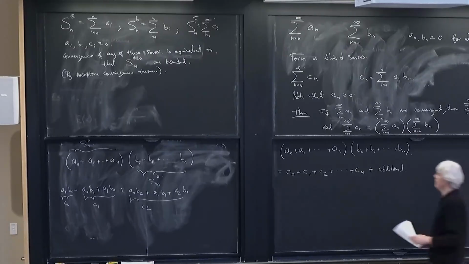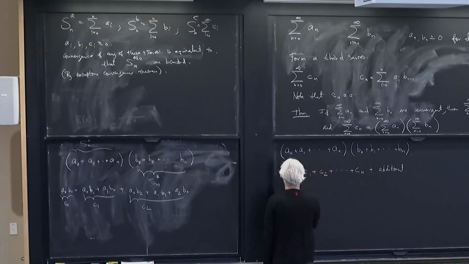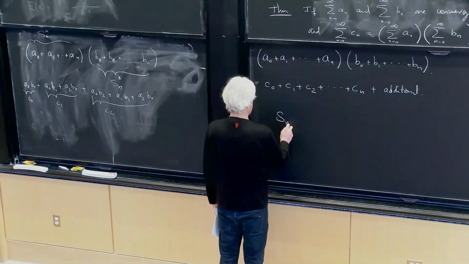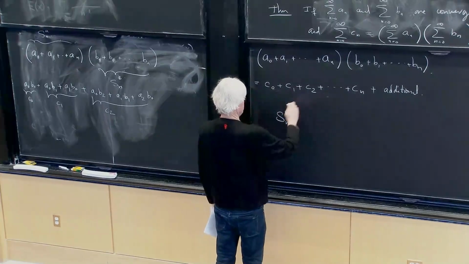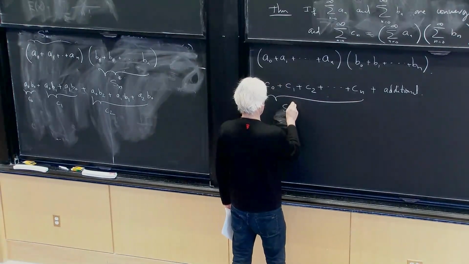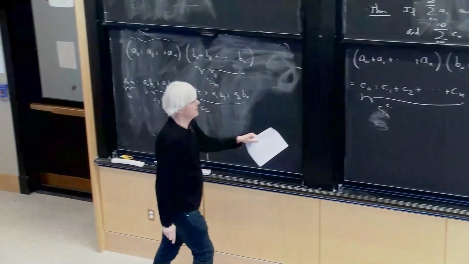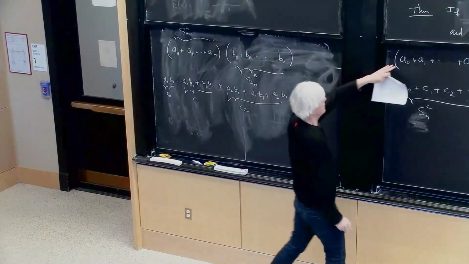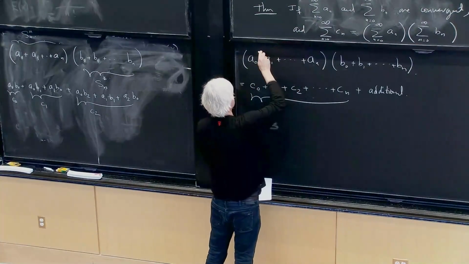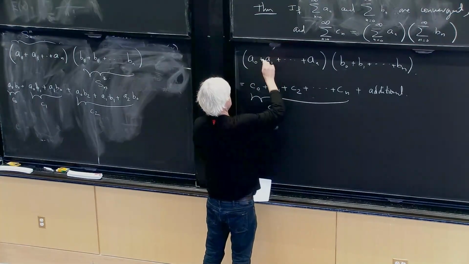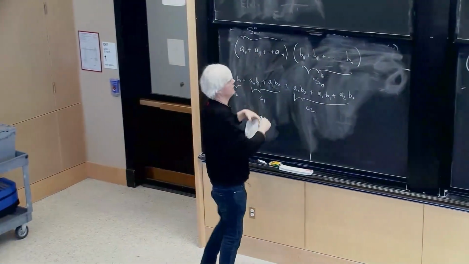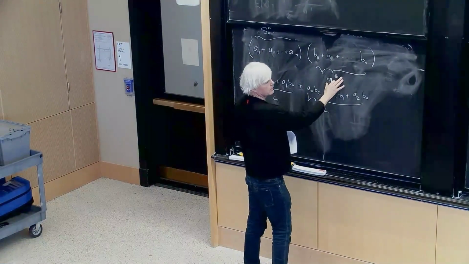So what we have established here is that, let me just write it like this, this here is SNC, this here was SNA, and this here was SNB, right?